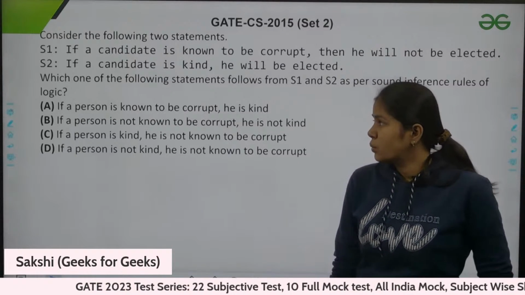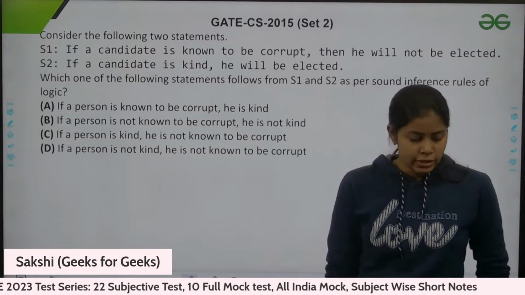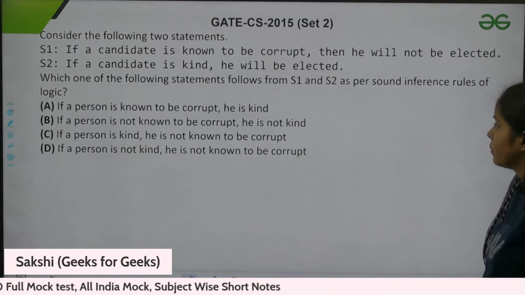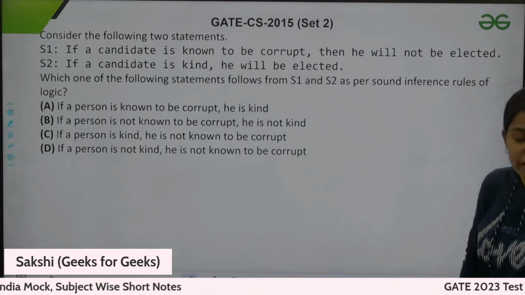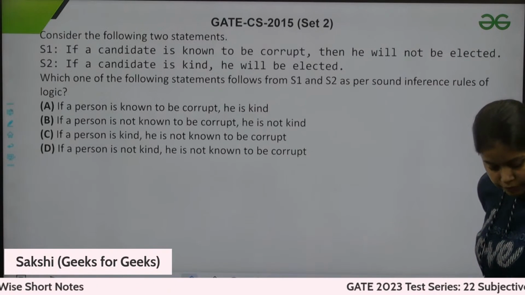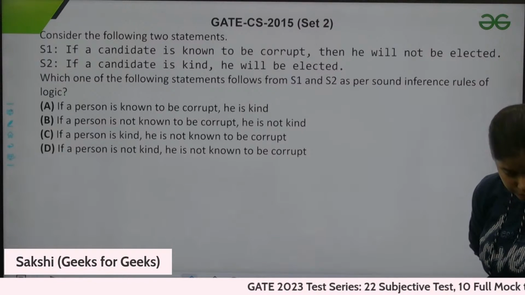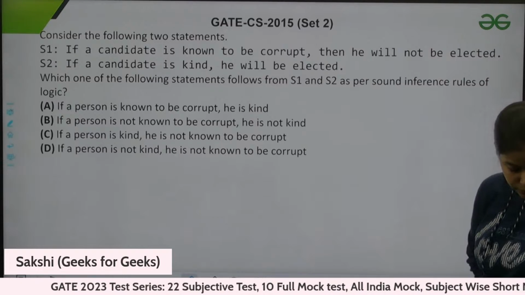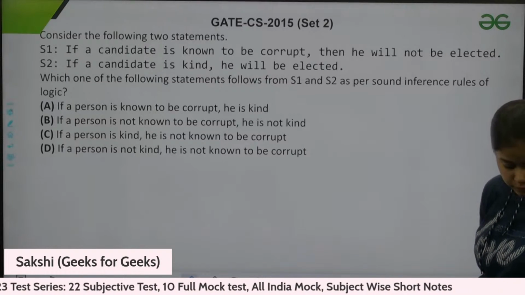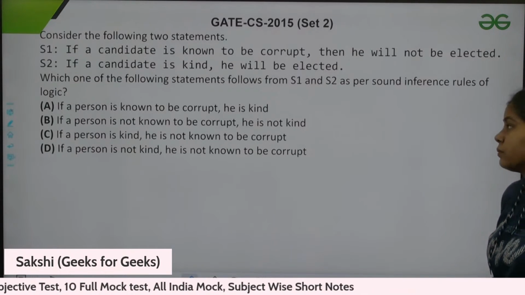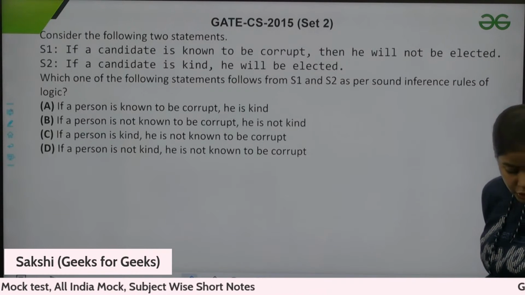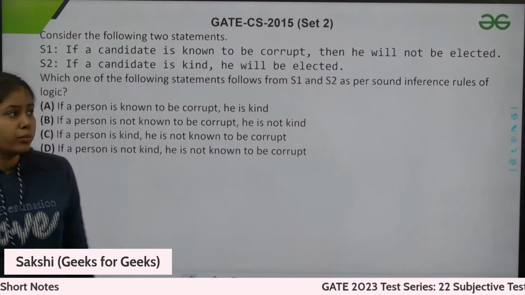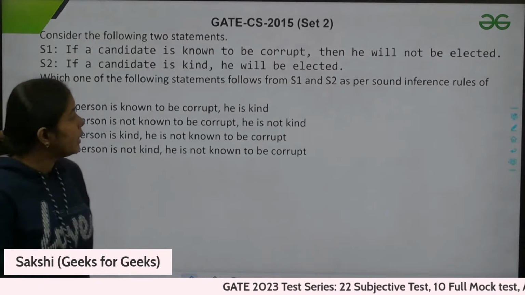Okay, so we have this question based on rules of inference. Just see this and let me know if you are able to solve this question. Just try this once. It is completely based on rules of inference. Okay, so if you will see this question, S1 statement is if a candidate is known to be corrupt, then he will not be elected.